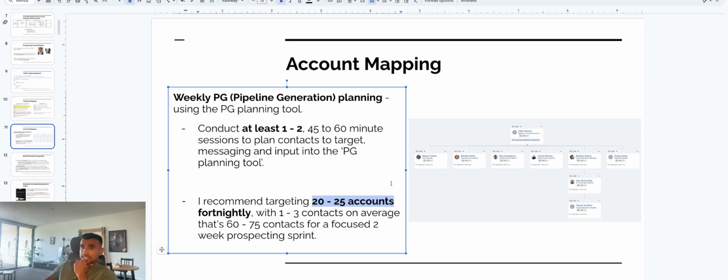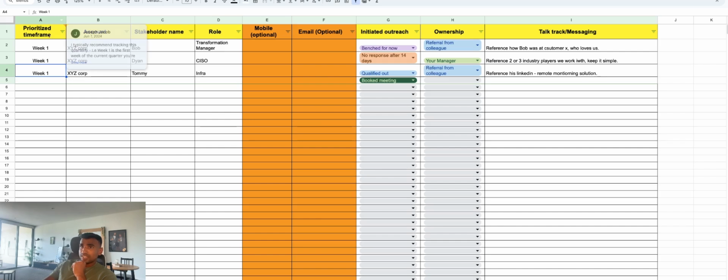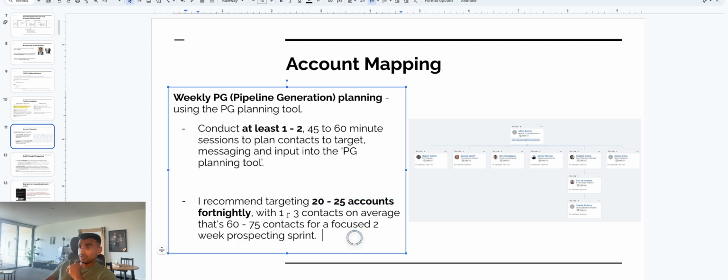So what I recommend is you list out all your accounts that you're going after. Then for each account, 1 to 3 contacts on average. And I say 1 to 3 because if you're going after small accounts, you want to really prioritize your energy on the key person in that account, right?